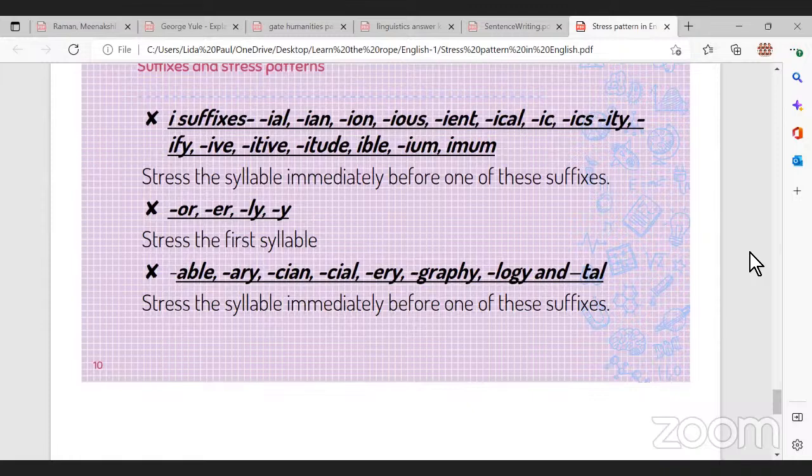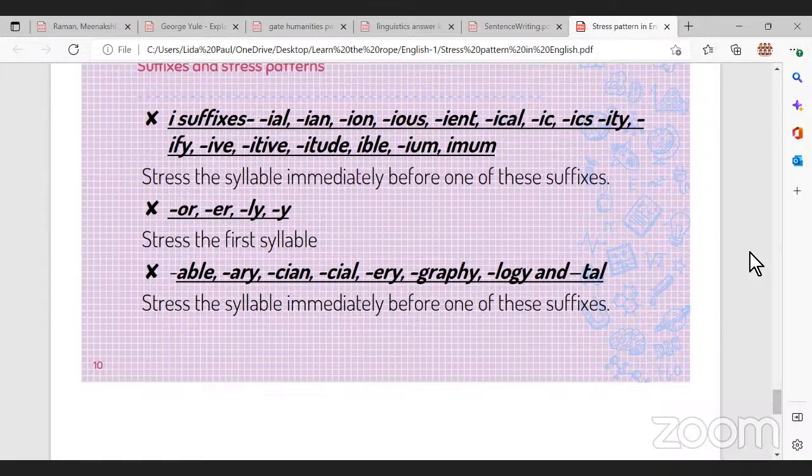Logy is the suffix, so it has to be stressed on the syllable before that suffix. So psychology, right?